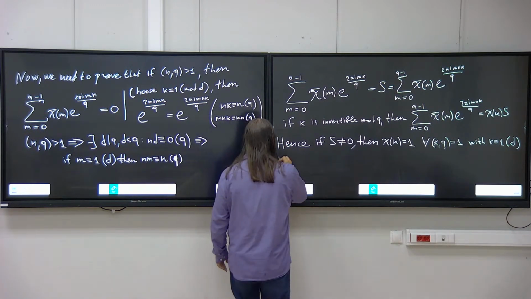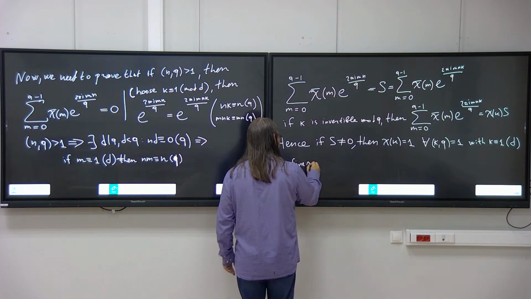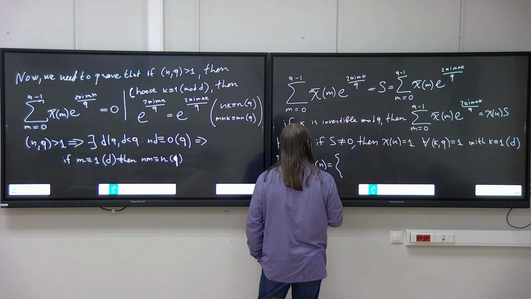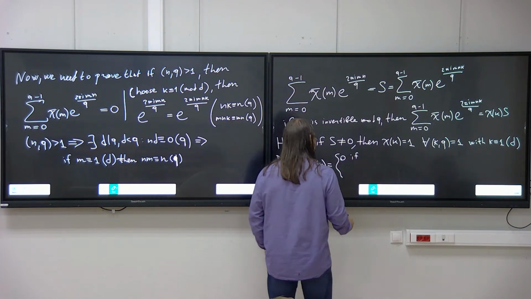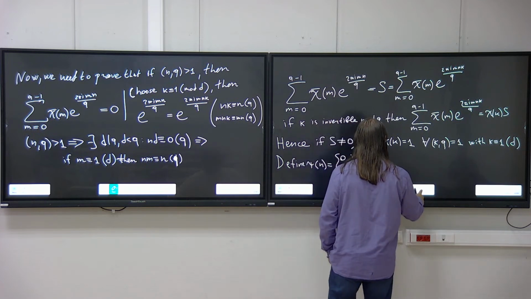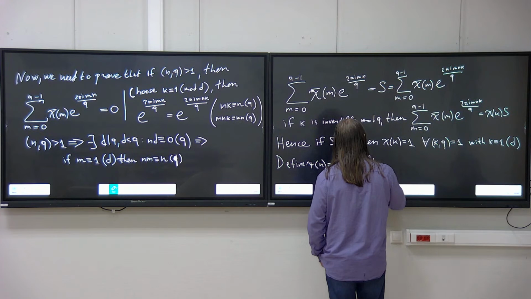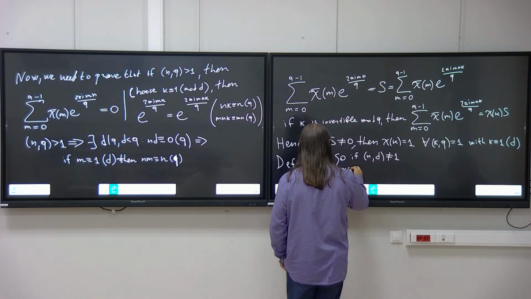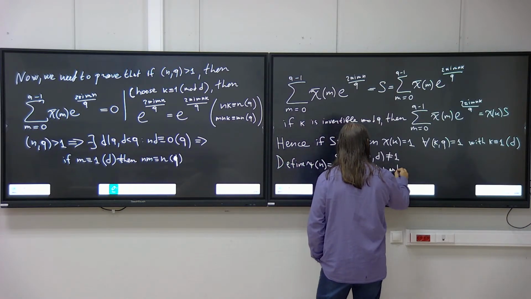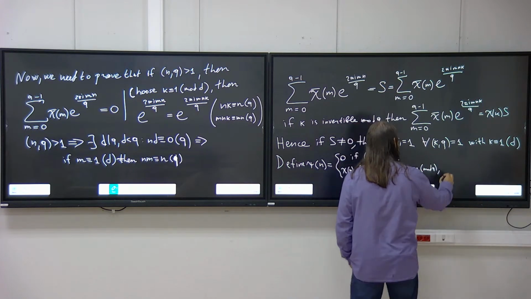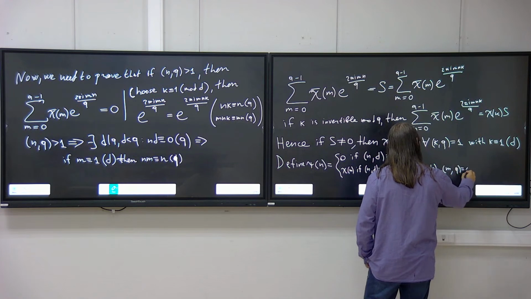Now let us define psi of n as follows. Psi of n is equal to 0 if n and d are not coprime, and it is equal to chi of m if n and d are coprime and m is congruent to n modulo d, with m and q coprime.